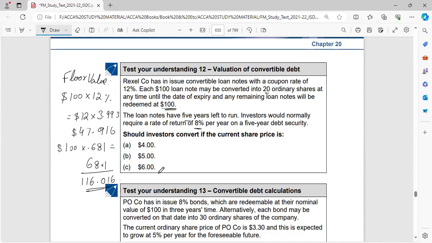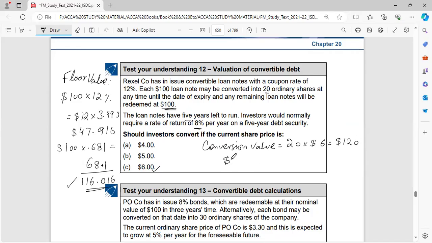Now he has different options, at what price it will be beneficial. Definitely at more than this value. First of all, we will calculate conversion value, where 20 shares are multiplied by, if I assume $6 as the highest value, 120.